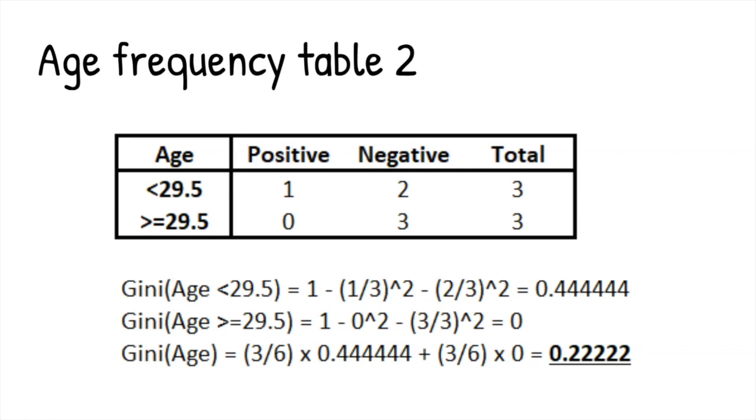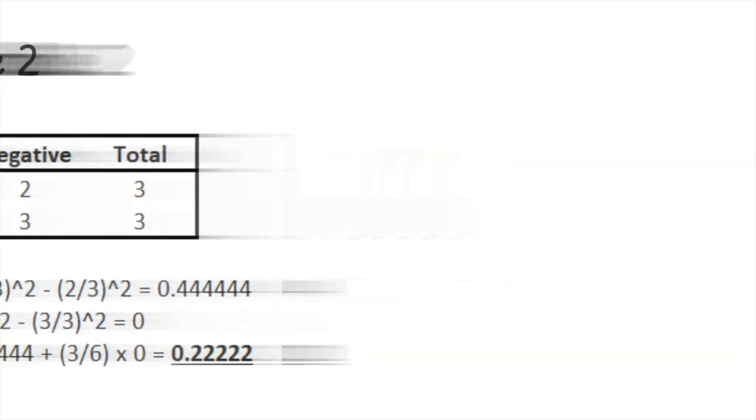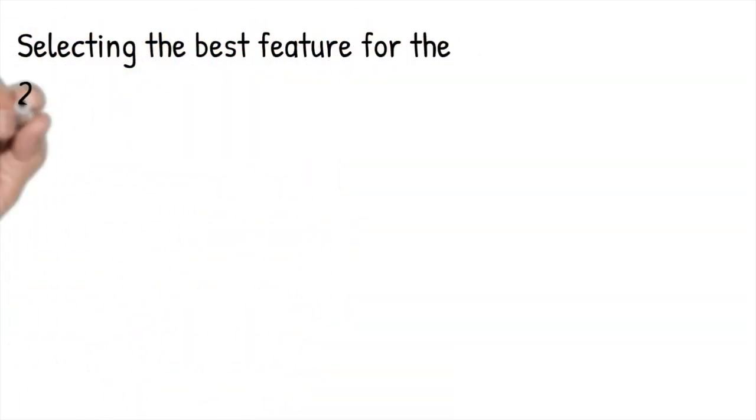So the Gini index for age below 29.5 is equal to 0.4444, and the Gini of age greater or equal to 29.5 is equal to 0. So the overall Gini for age is equal to 3 divided by 6 times 0.4444 plus 3 divided by 6 times 0, which is equal to 0.2222.